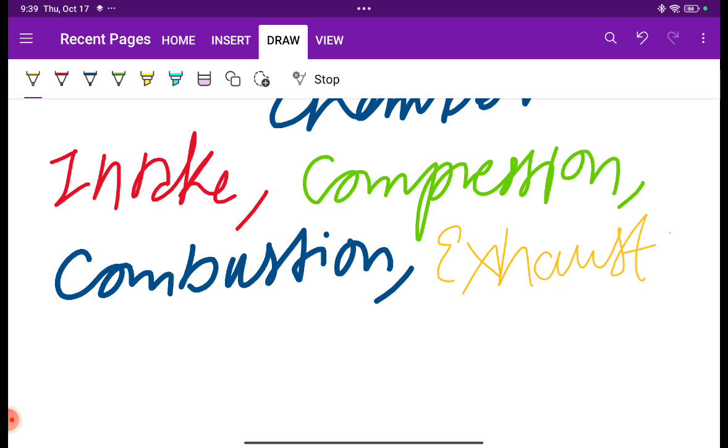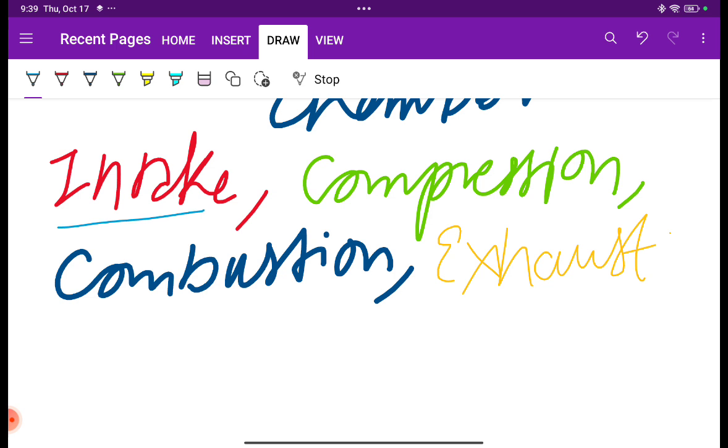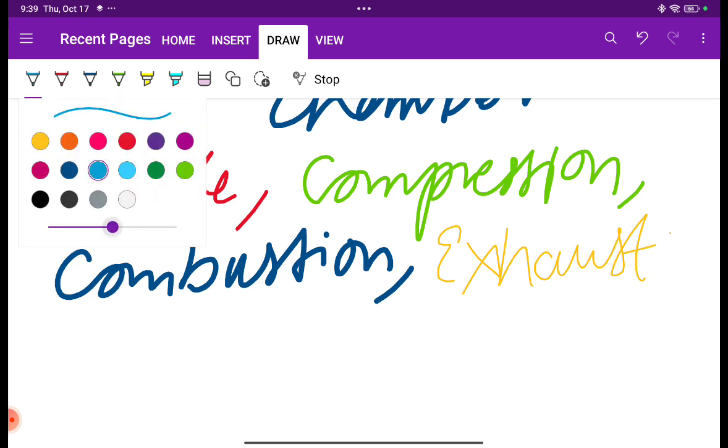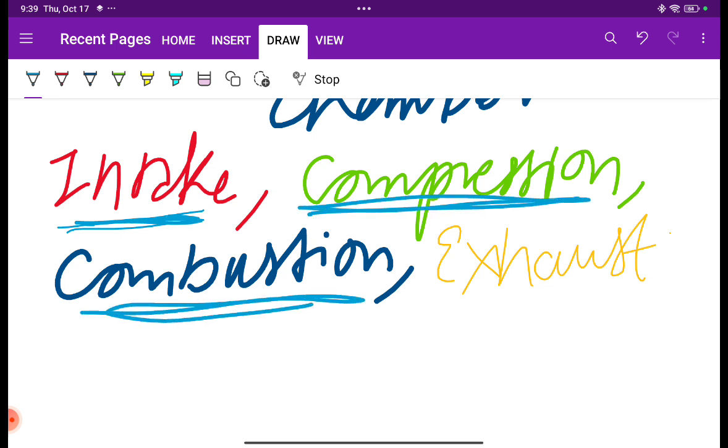So what happens is intake, compression, combustion, and exhaust. These are the 4 stages in which works in the IC engine.